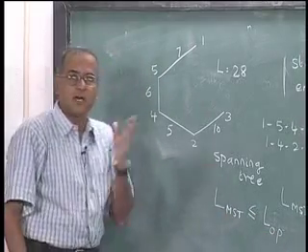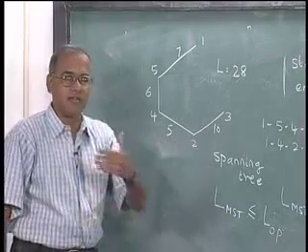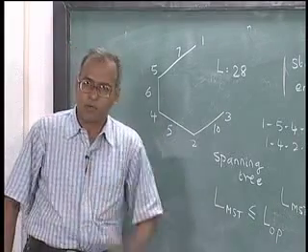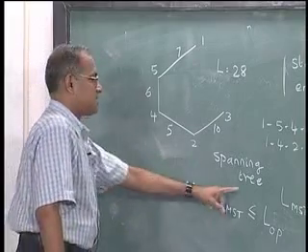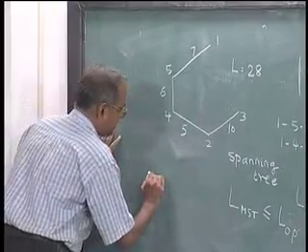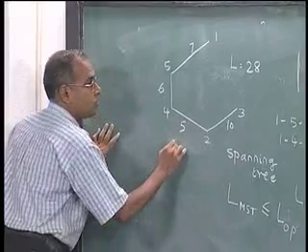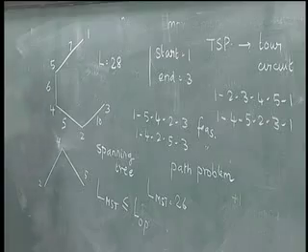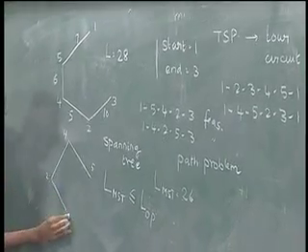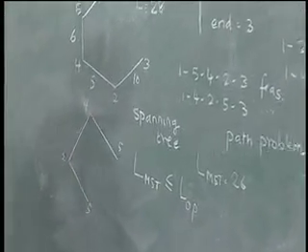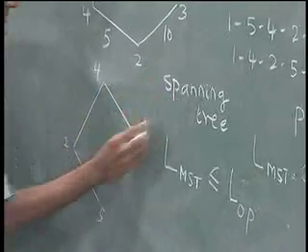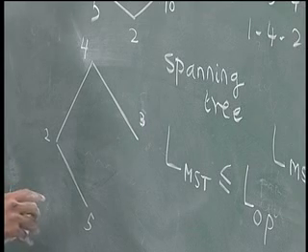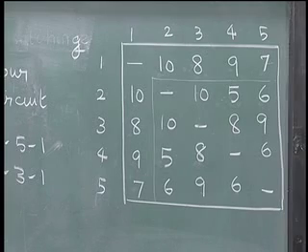So LMST is not only a lower bound to the travelling salesman problem, it is also a lower bound to the travelling salesman path problem. Now if we draw our MST with 26, we would get 2, 4, 5, 4 to 5 is 2 to 5 is 6 and 4 to 3 is 8 and 1 to 5 was 7.